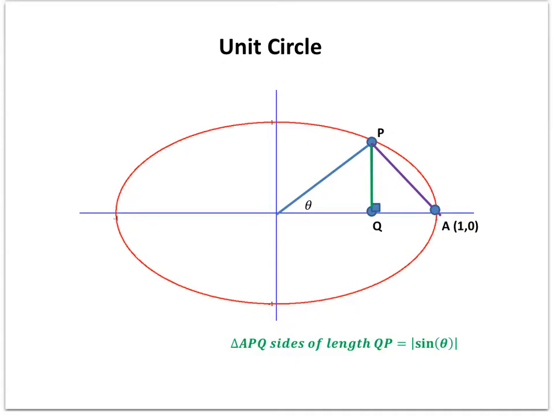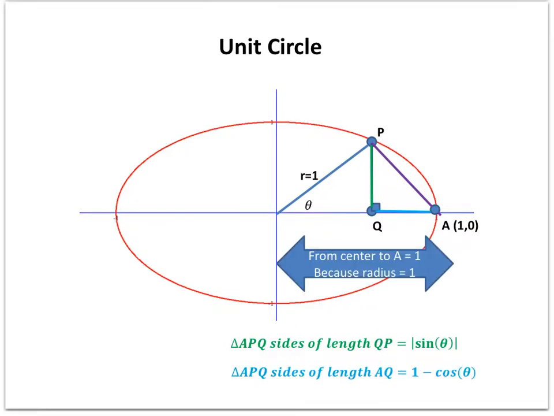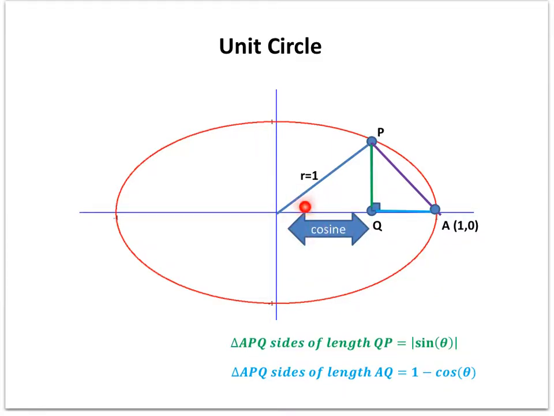And don't forget, if this piece, with my angle, is my adjacent, my cosine, and all of that is 1, then that piece right there has to be 1 minus cosine. So that's just where the values are coming in.